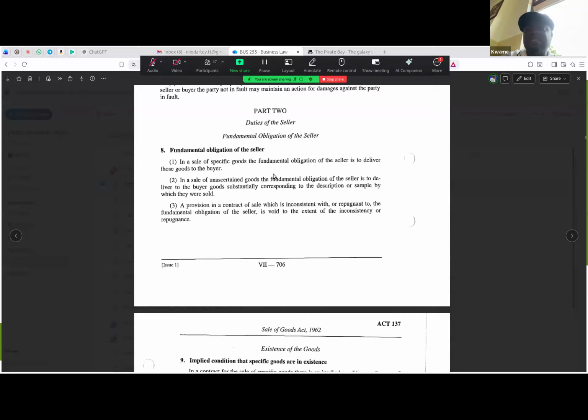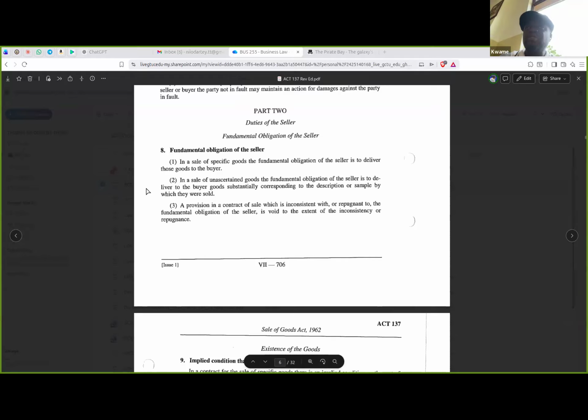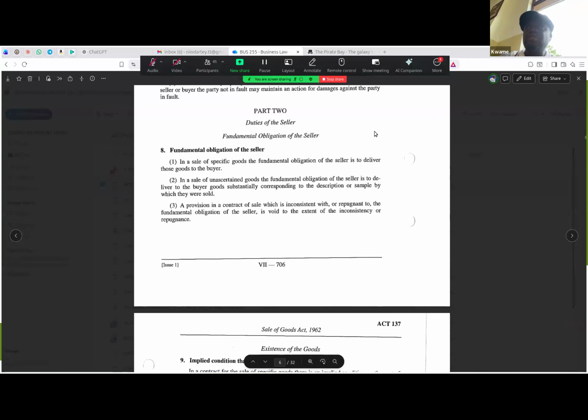Now the law is saying that it's the obligation of you, the seller, to give to the buyer what he has requested. So I request quality, give me a product of a certain number.